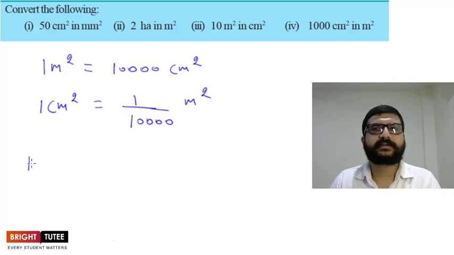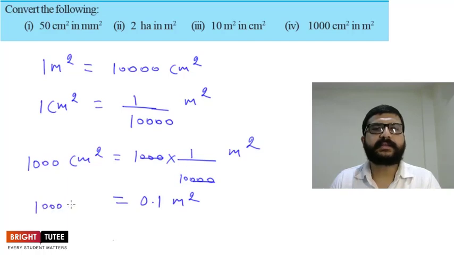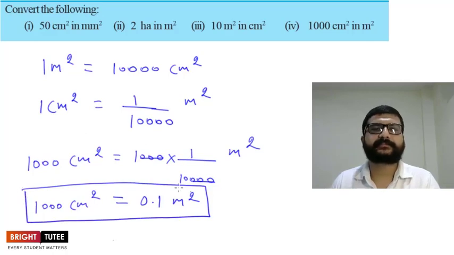So therefore 1000 square centimeters will be equal to 1000 into 1 upon 10,000 square meters. Now we can cancel these 3 zeros with these 3 zeros. So we are left with 1 upon 10 square meters, which can be written as 0.1 square meters. So we got 1000 square centimeters is equal to 0.1 square meters.